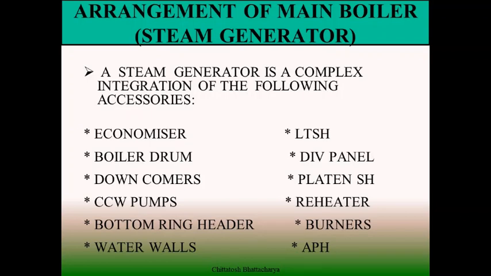Then we have water walls, low temperature superheaters, divisional panels to improve the heat transfer and increase the amount of heat trapping. We have platen superheaters, final superheaters, reheaters and burners attached to the furnace, maybe at the corner of the furnace or at the front wall or rear wall or both, or sometimes on the side wall also. And we have also air preheaters.